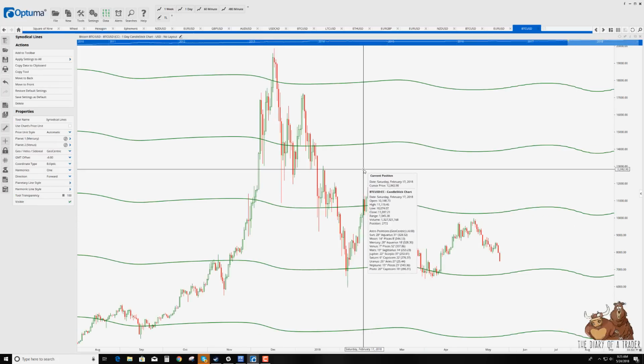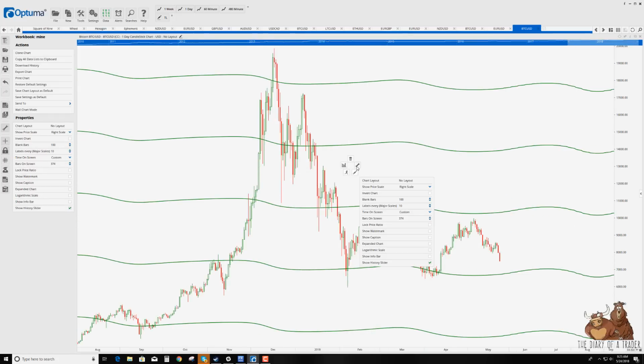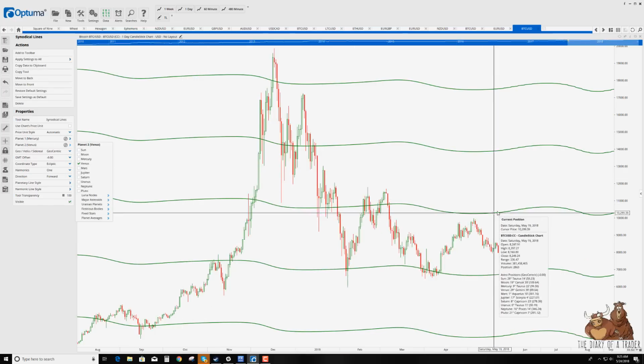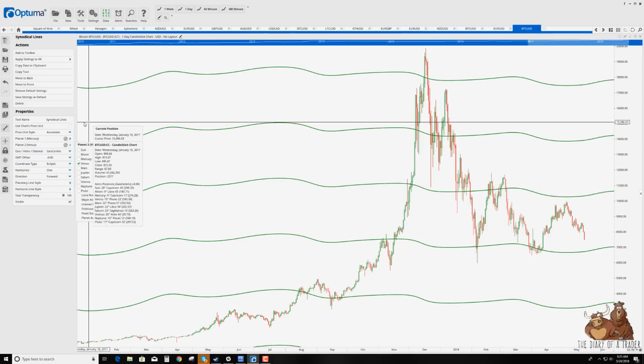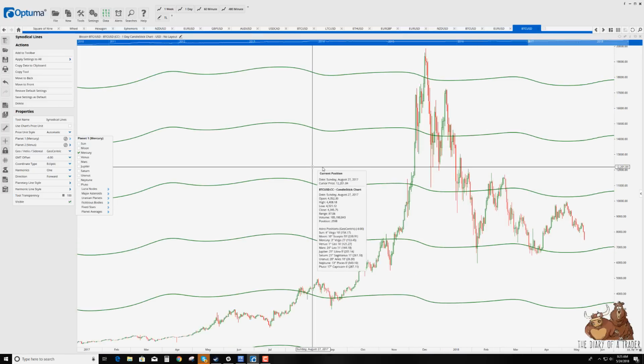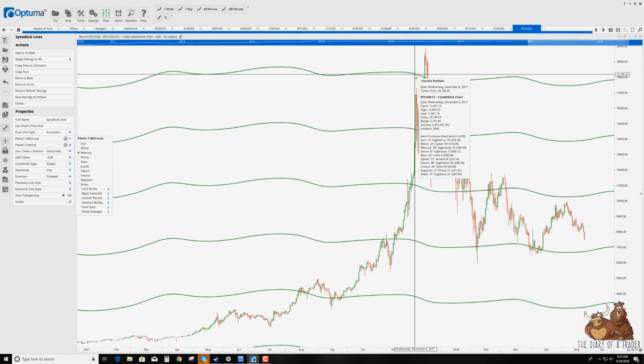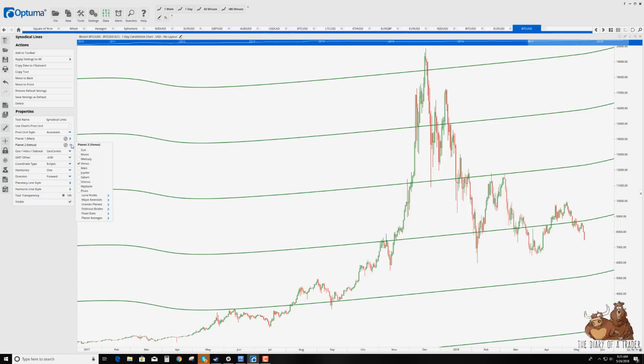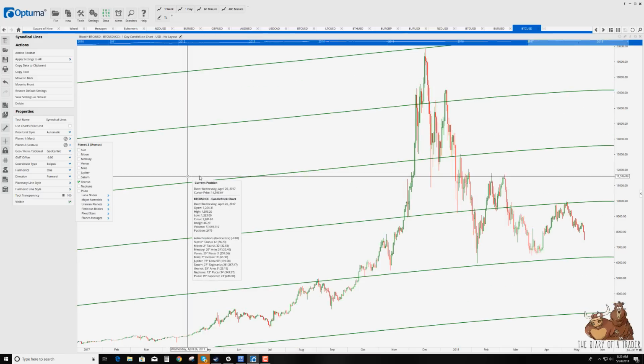If we look at these synodic lines here, we can tell that this is the synodic cycles of Mercury and Venus on a chart together. But Bitcoin is mostly sensitive to Mars and Uranus.